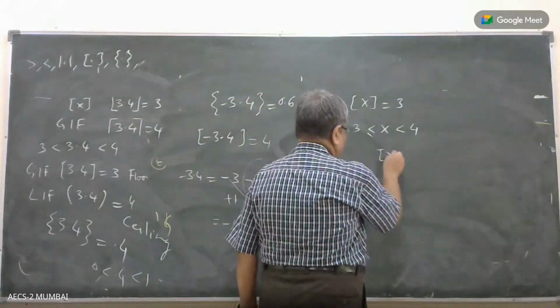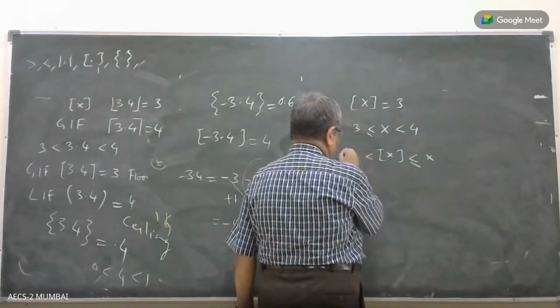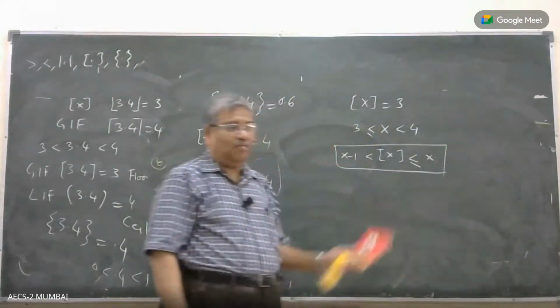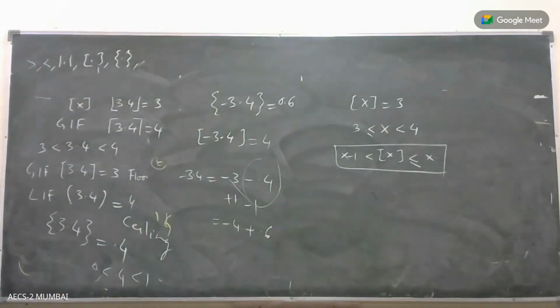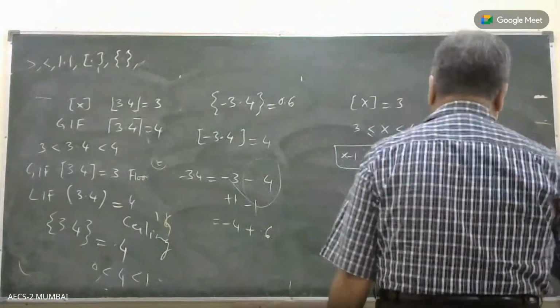This is a great relationship. It's called estimation. That means the greatest integer part of x is less than or equal to x and greater than x minus 1. This is called estimation theory.